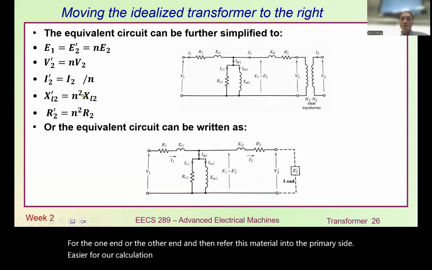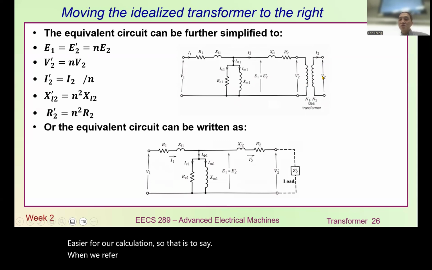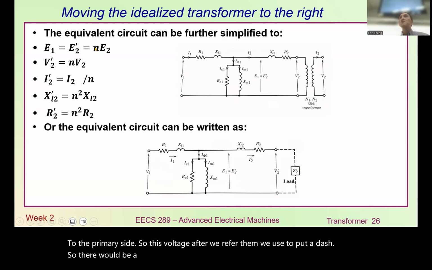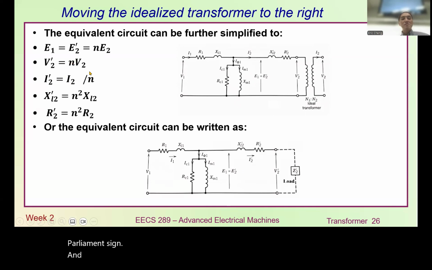So when we refer the secondary side voltage to the primary side, after we refer it, we put a dash. There will be a relationship with the turns ratio when we refer to the primary side. The current will be inversely proportional to that.